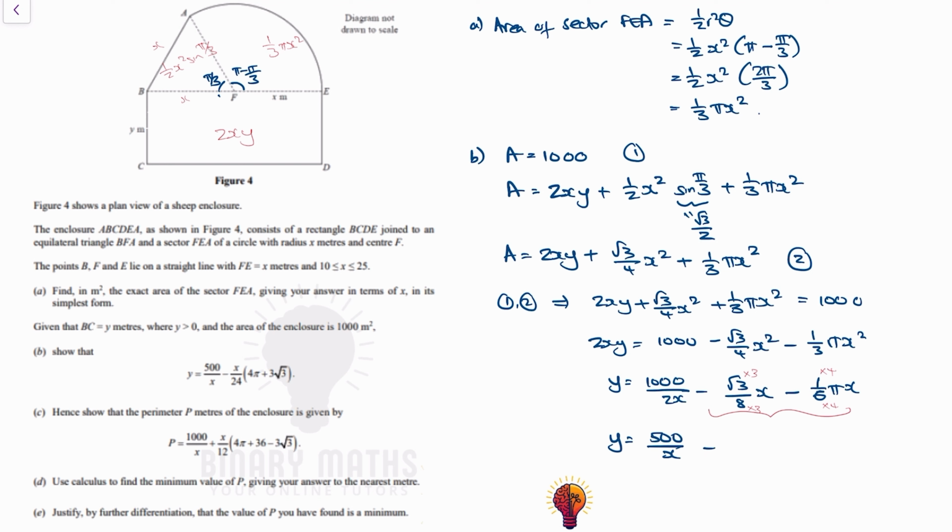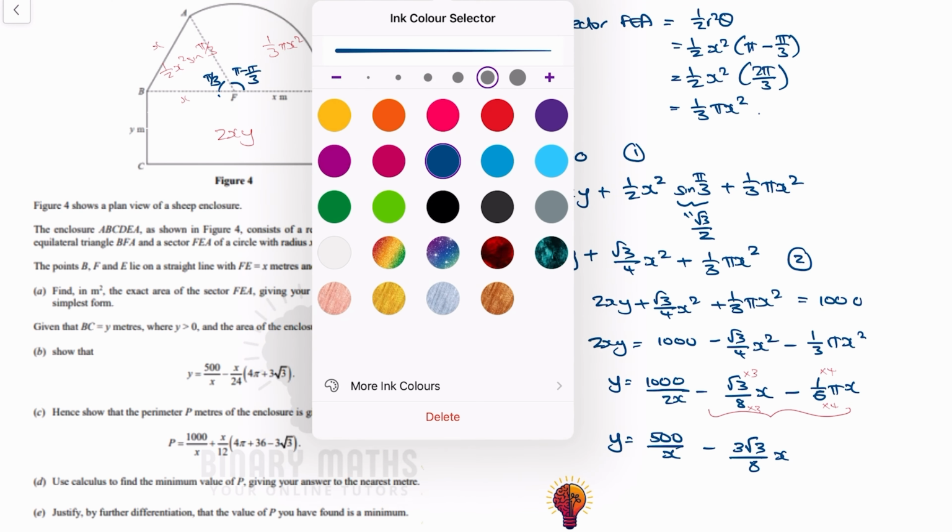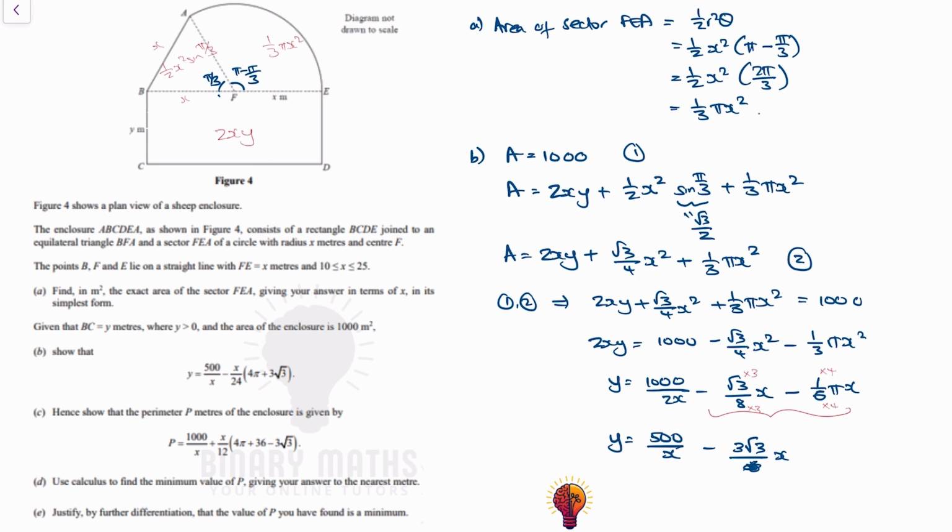I get minus 3 root 3 over 8 x. No, not 8, because I need to multiply the bottom by 3 as well, so I get 24. The whole point was getting a common denominator. Minus 4 over 24 pi x. Now we're combining these together.